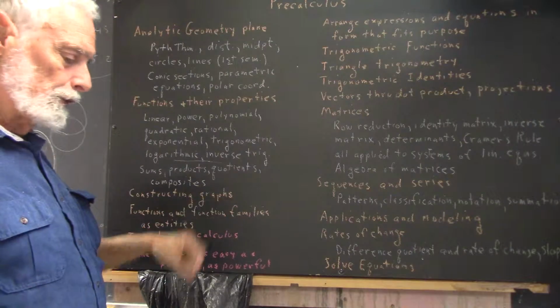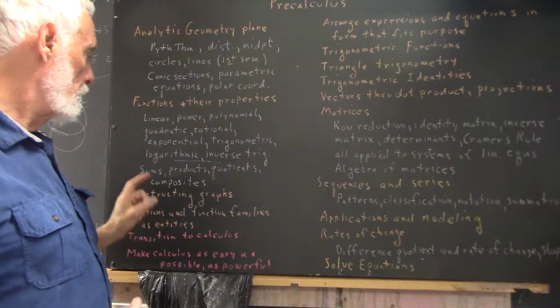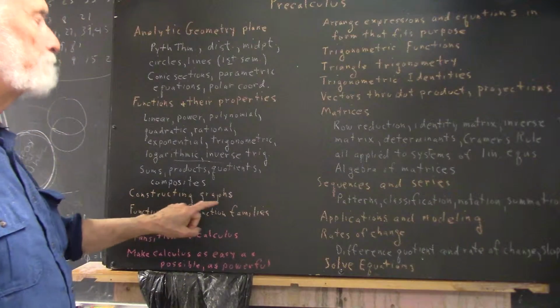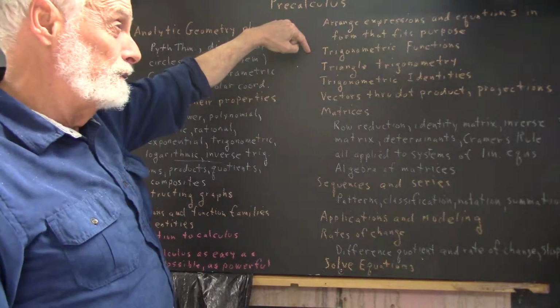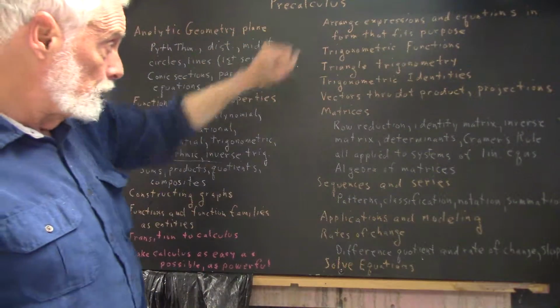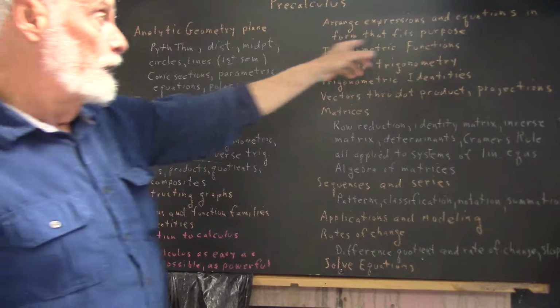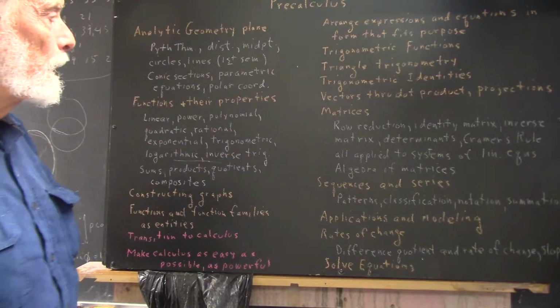Horizontal and vertical translations, horizontal and vertical stretches or compressions of graphs, and that comes to maximum fruition with trigonometric functions for reasons that I won't go into right now, but extremely important and often undertaught.